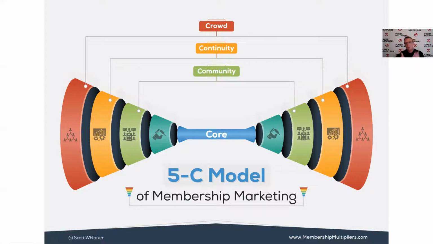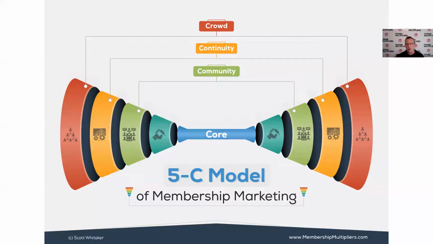You see, it's one thing for somebody to join your membership, to sign up for your membership. That's the process I was talking about, an assimilation from sign up to fully engaged. Here, it's all about the marketing that we do to not only move them from joining our membership, but getting them into the community of our membership.